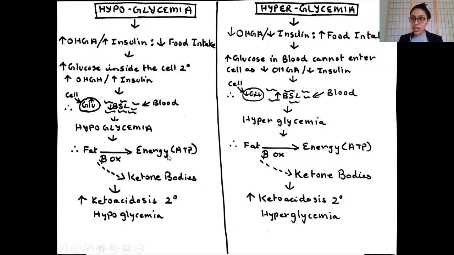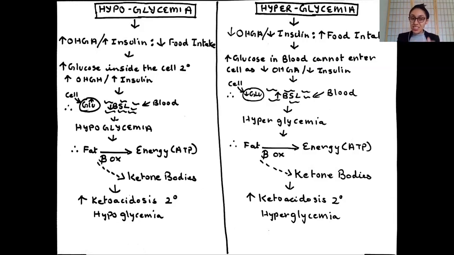It will give you energy, which is your ATP. But remember, dealing with fat is like making a deal with the devil, because fat will give you ketone bodies. So when ketone bodies are produced, this leads to high ketoacidosis. This is how hypoglycemia results in ketoacidosis.